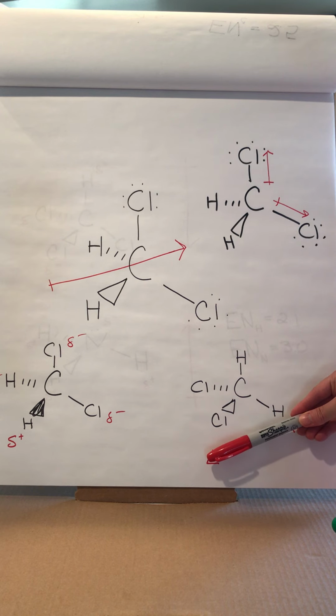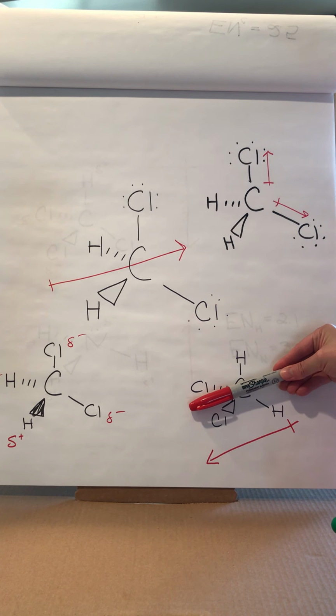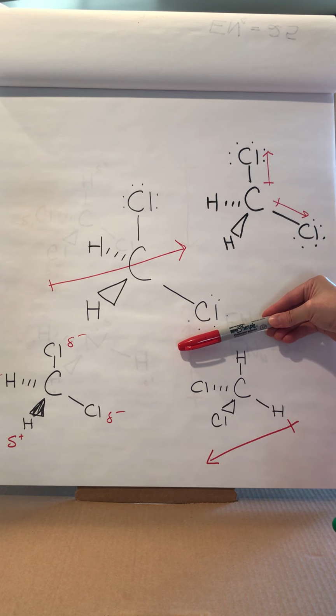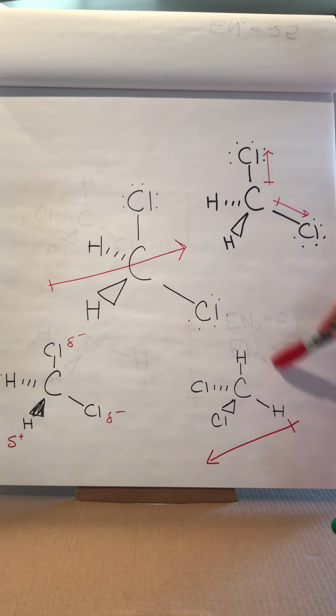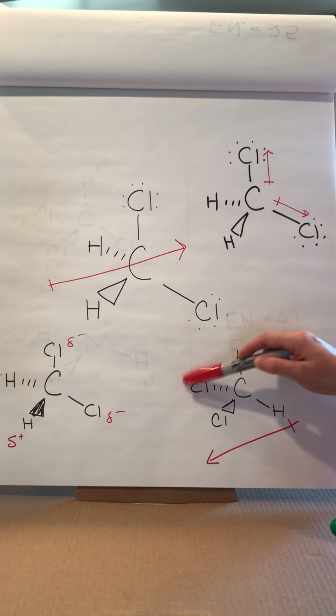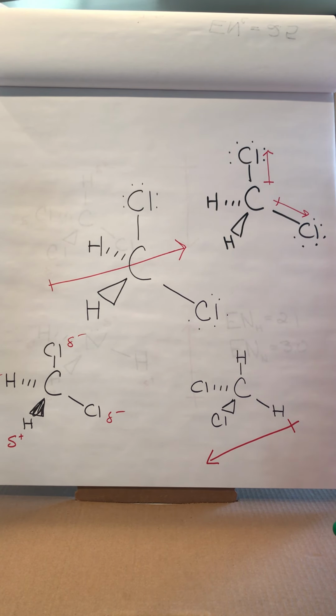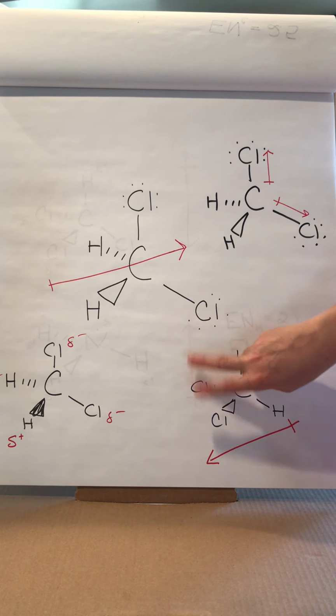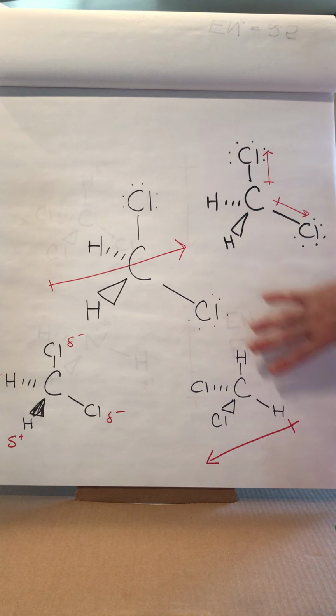So I could draw it right here, or I could draw it going directly between those two chlorines, or I could draw it off to the side here, or I could put the delta positive symbols over here and the delta negative symbols over here. But we must indicate that we have partial negativity where the chlorines are and partial positivity where the hydrogens are.